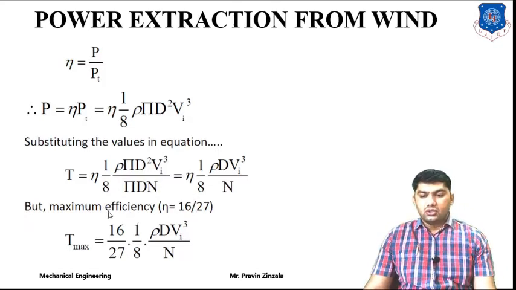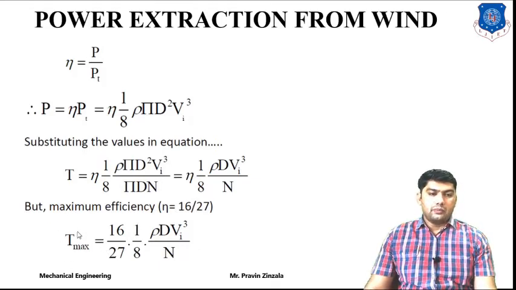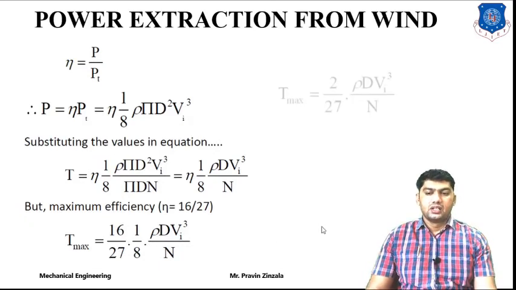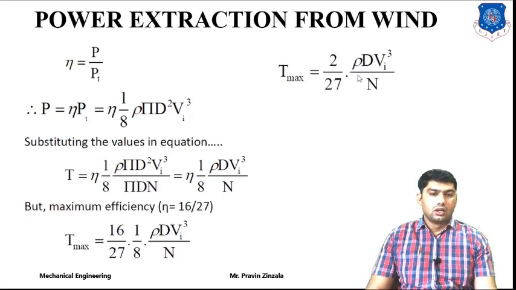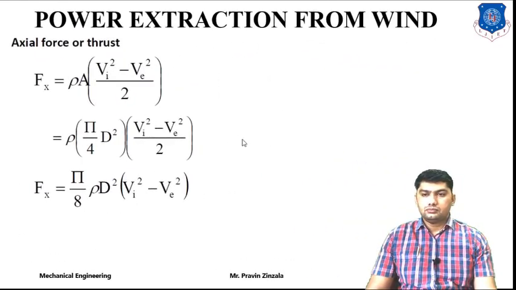Wind turbine. Final equation. N. So this is the equation of maximum torque. This is torque. So calculate the maximum axial force.